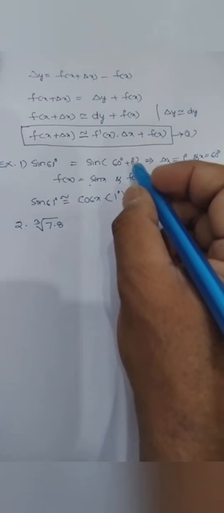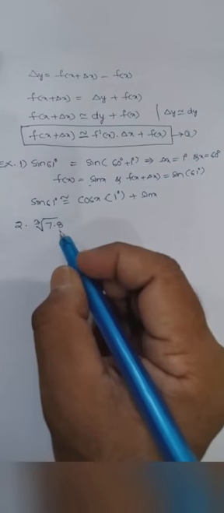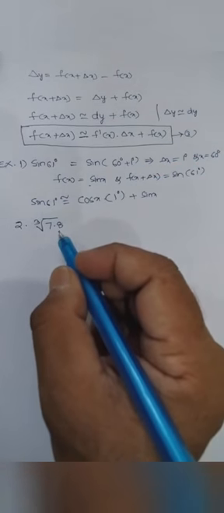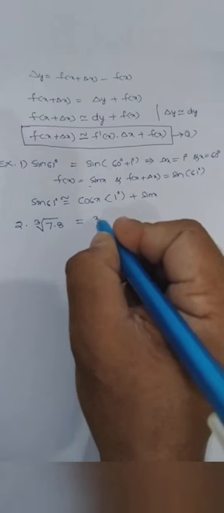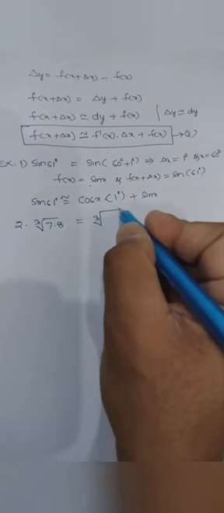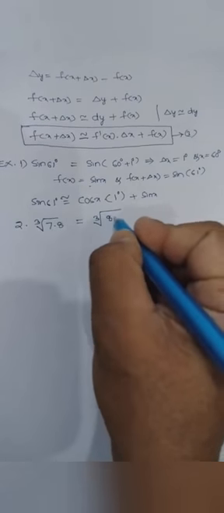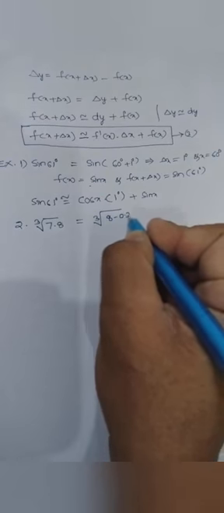So here the error is negative. It can be written as cube root of 8 minus 0.2. Are you following or not?